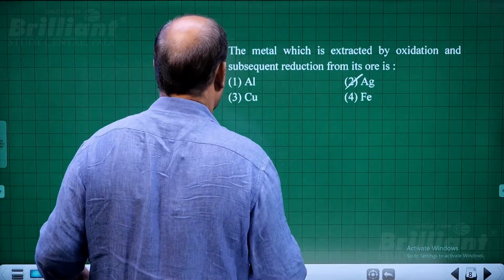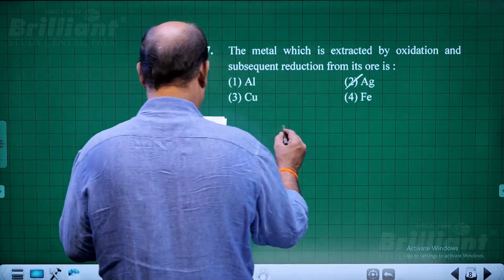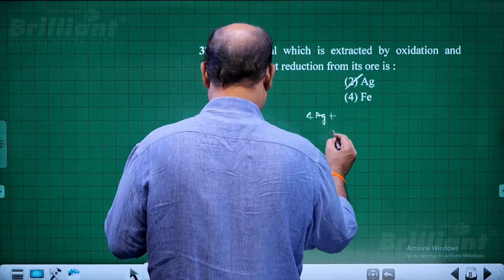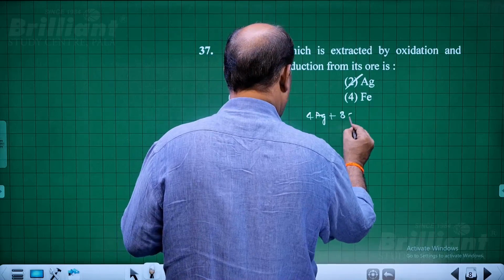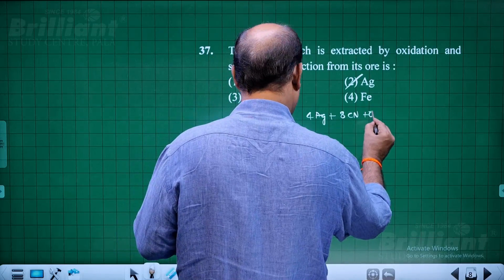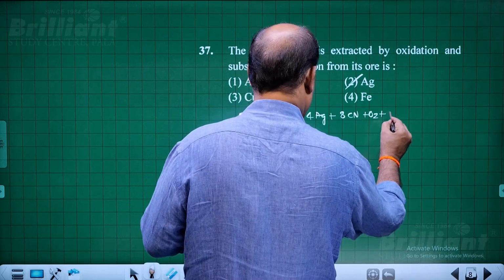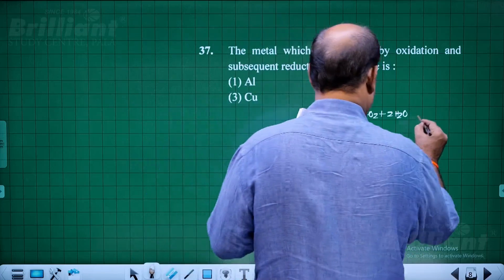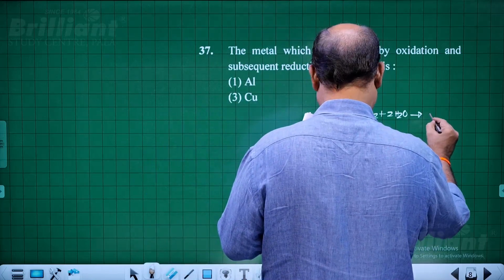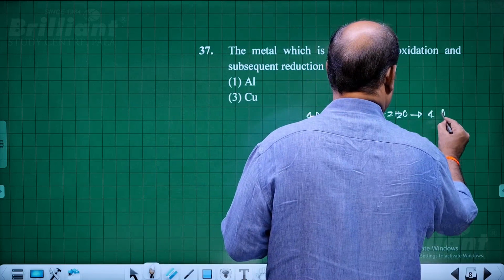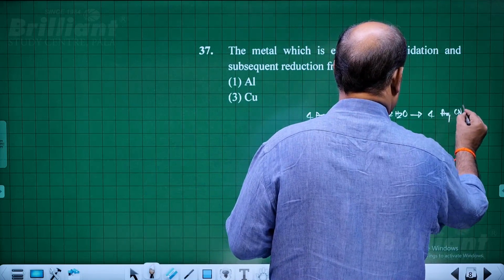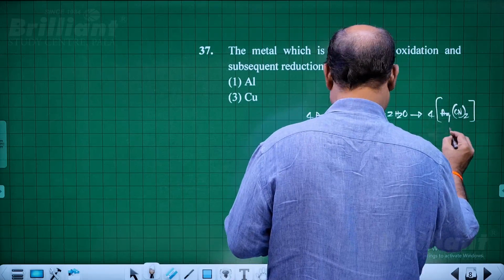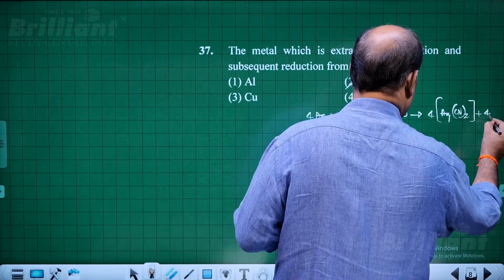Now if at all you see the reaction, that is what? 4Ag plus 8CN minus plus oxygen plus 2H2O, that is equal to 4Ag(CN)2 minus plus 4OH minus.